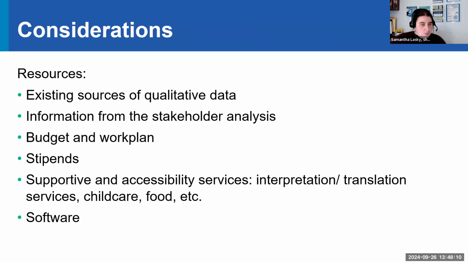So some considerations for the community context assessment. Before you begin, of course, it's always important to revisit some of these pieces like work plan and budget. Stipends are also something that MAP is considering when doing the community context assessment, especially if you want to get rich data from community members. Supportive and accessibility services like translation and interpretation, what software you're using, all of these things help us inform.